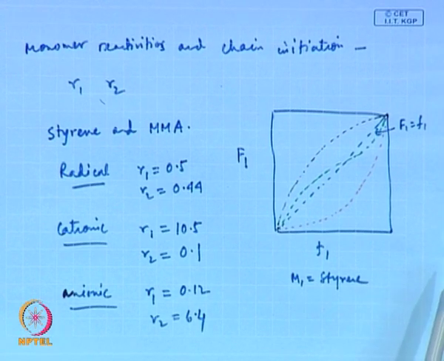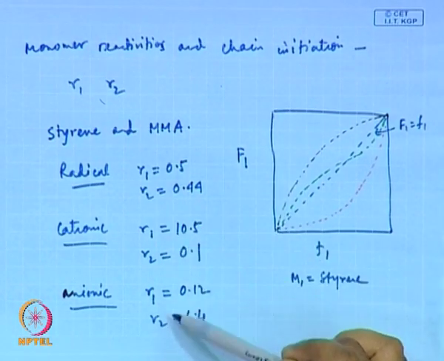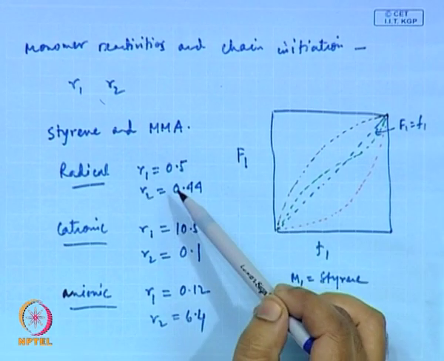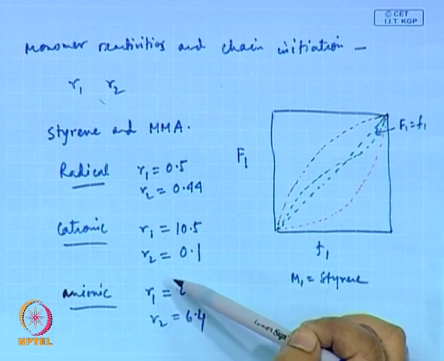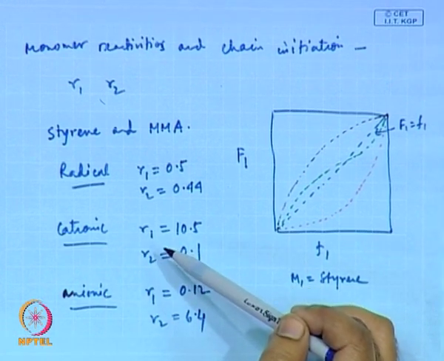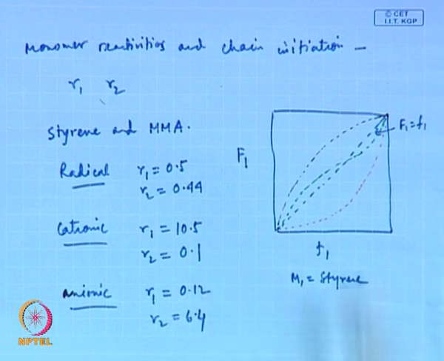But if we have a different chain initiation mode, then obviously the monomer reactivity ratios will be dramatically different, which depends on the stabilization of the resulting active center. And obviously for these ionic mechanisms, this also may depend on the solvent polarity and the counter ion and so on.